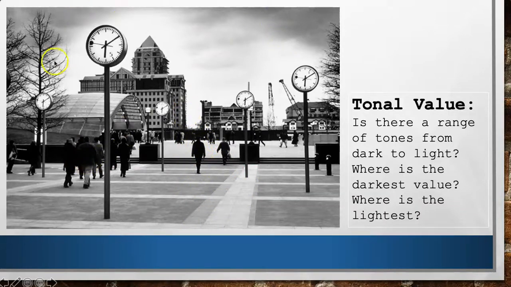And then I've burnt the sky in the darkroom, so it looks a bit more dramatic and a bit more moody. And then the clocks are nice and bright and white, so they stand out.